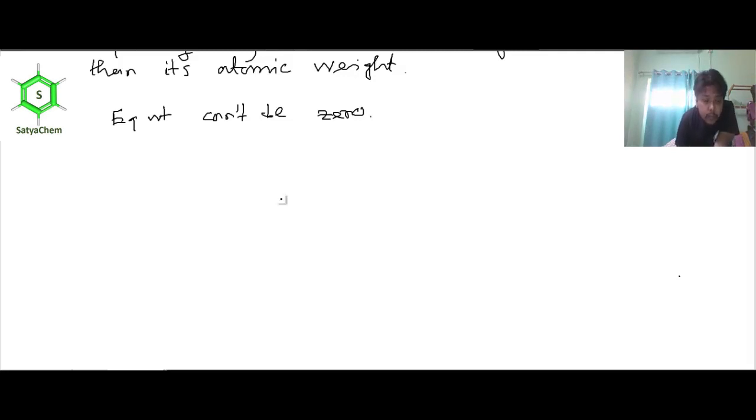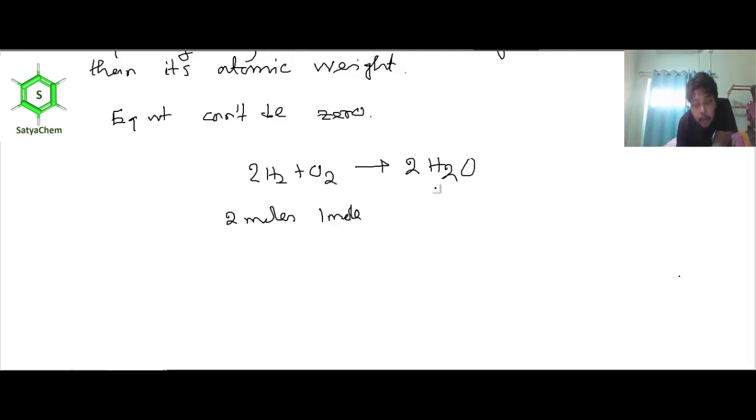Consider the example of formation of water, that is 2H2 plus O2 gives 2H2O. So 2 moles of hydrogen reacts with 1 mole of oxygen to give 2 moles of water.